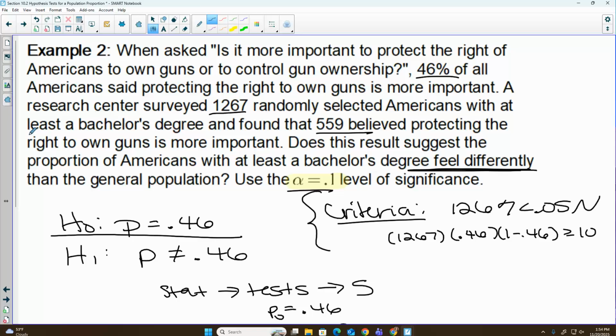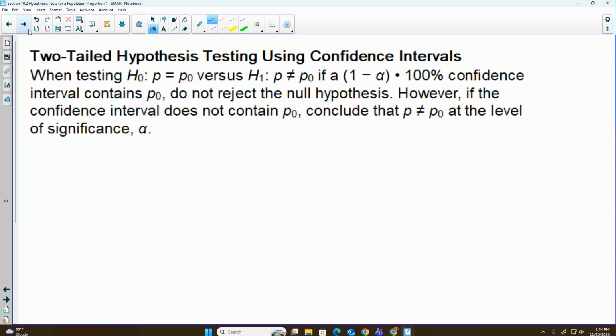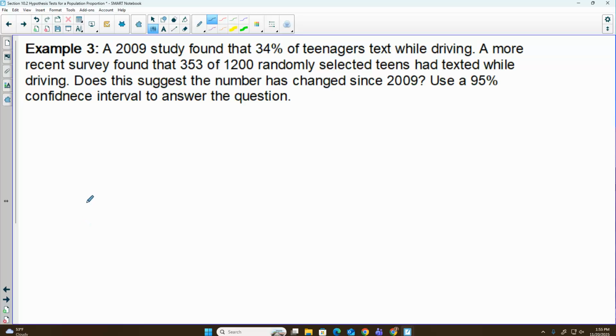Okay. We can also use confidence intervals to do this. Again, we're just going to basically use our calculator to set that up. So that would always be an option as well.